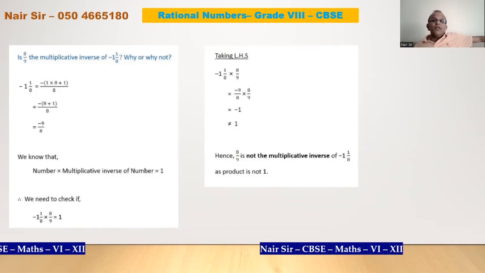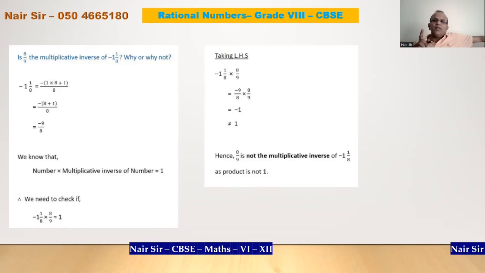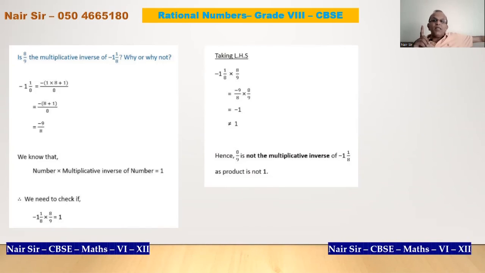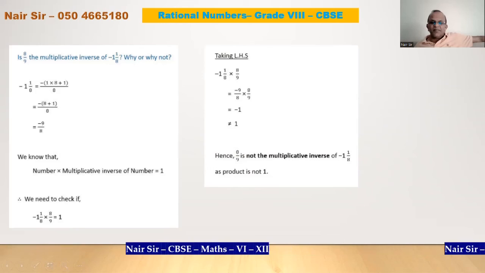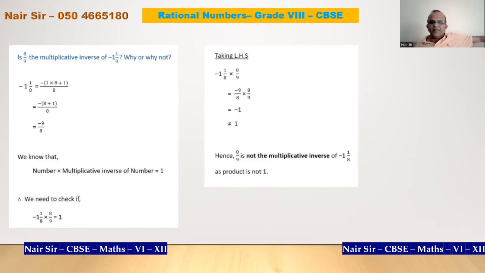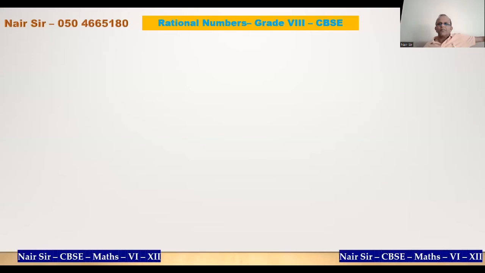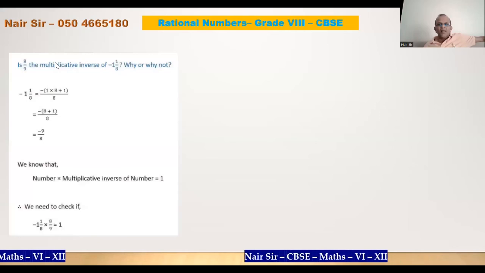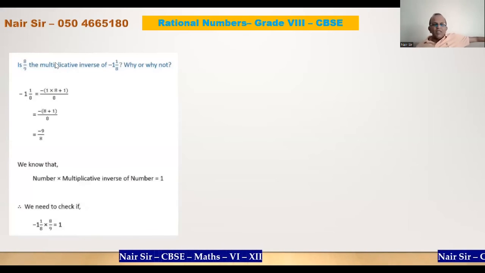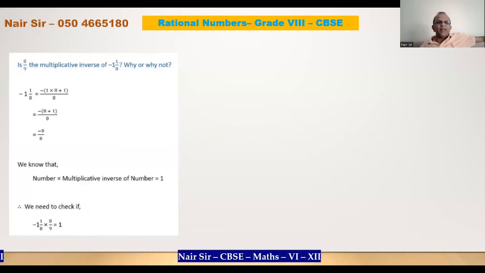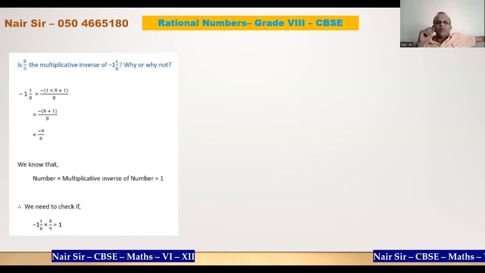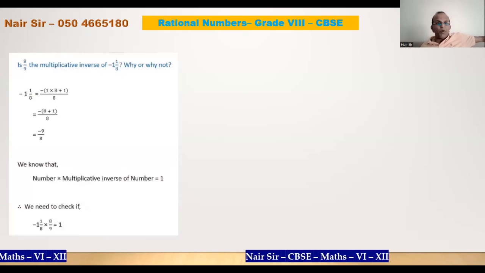Minus 1 is not the multiplicative identity. 1 is the multiplicative identity. I was discussing this question: is 8 upon 9 the multiplicative inverse of minus 1 whole 1 upon 8?